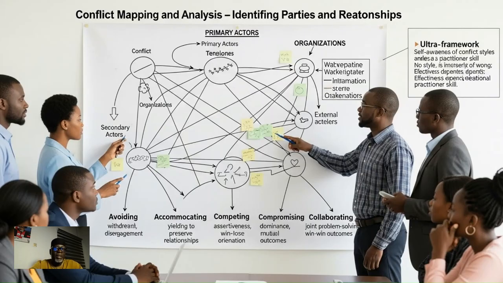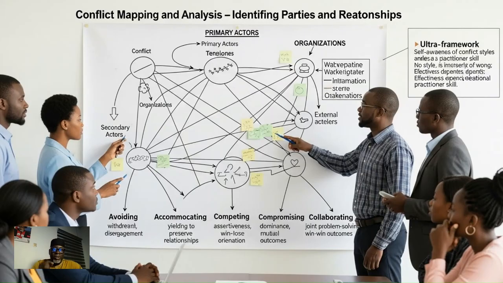Now, what are the steps in conflict mapping and analysis? There are 7 different steps. In some other climes, it is 5 different steps, but we are going to discuss 7 different steps in conflict mapping and analysis. First step is identifying the parties. You have to determine who is involved in the conflict, including primary and secondary actors. You have to consider individuals, groups, organizations, and even external stakeholders.